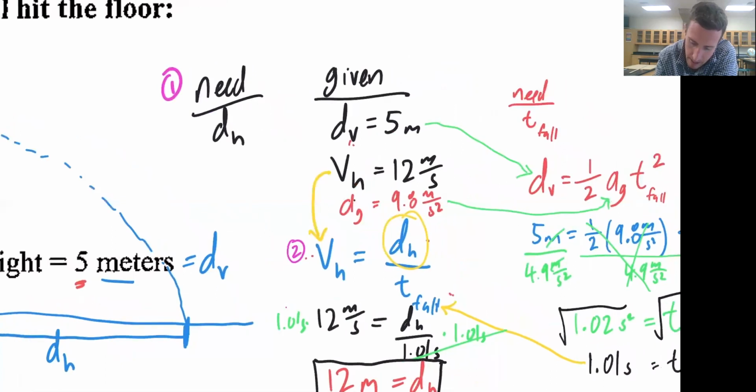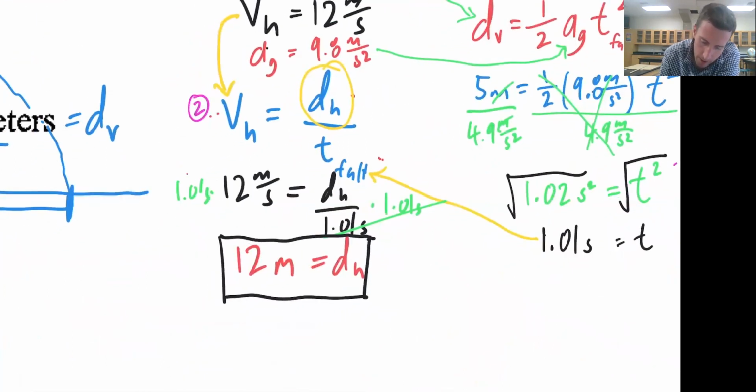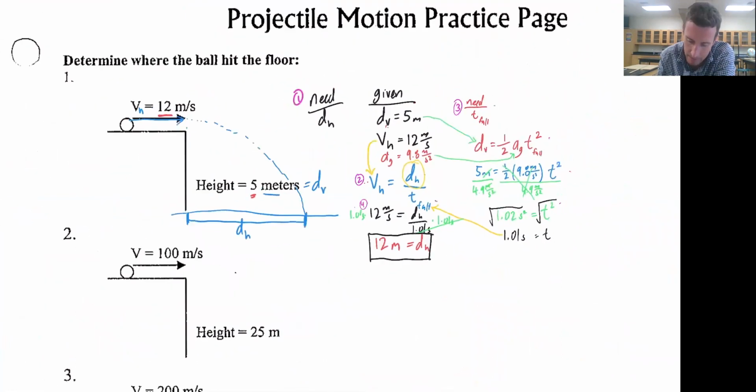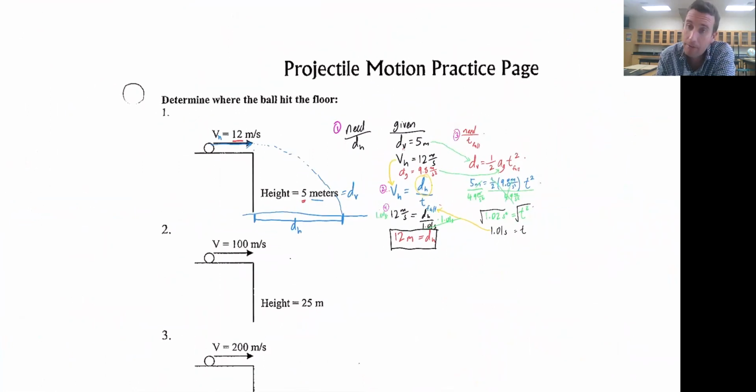Number 3, I moved over here and did my vertical distance equation. So that was all this vertical stuff coming down here to find the time. And then number 4, I came back, plugged into my original equation, and solved. So that's a nice little 4-step problem to get my total answer of 12 meters away from this edge of the cliff.